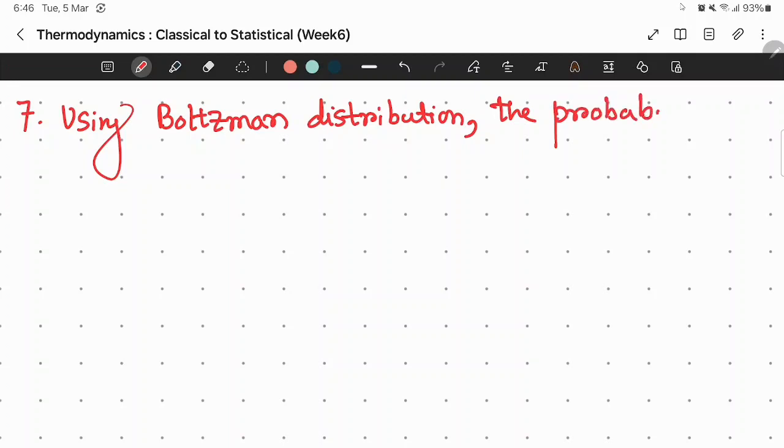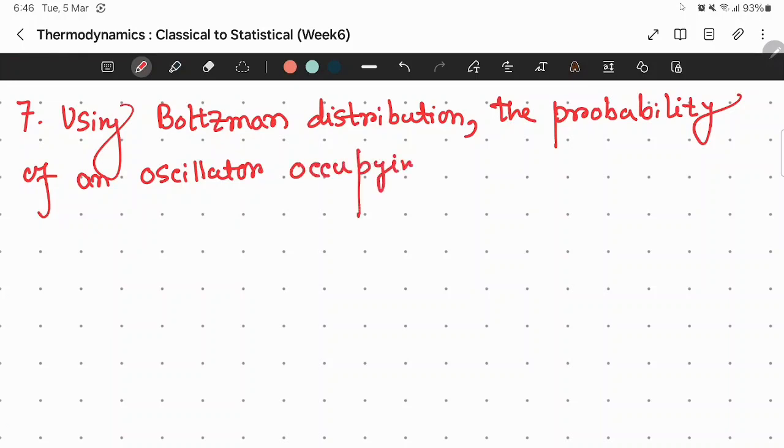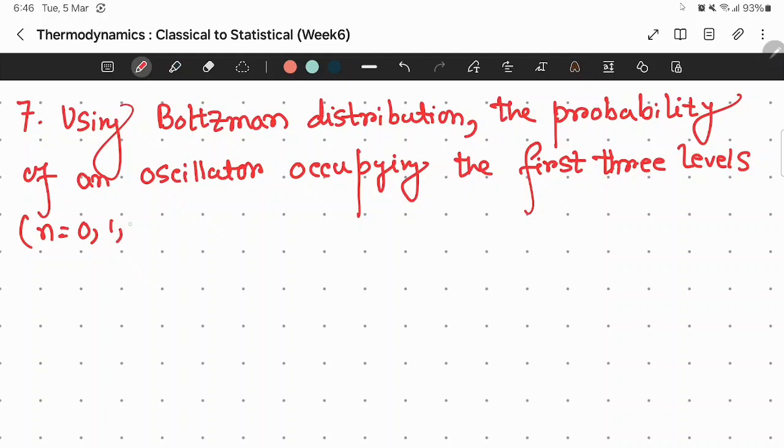The probability of an oscillator occupying the first three levels, n equals 0, 1 and 2, is found.